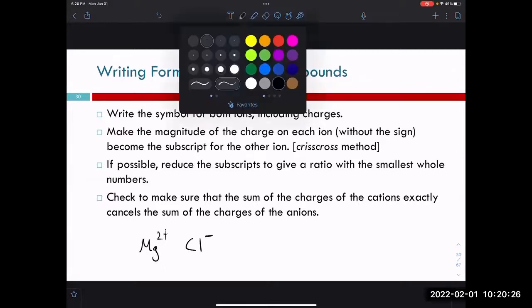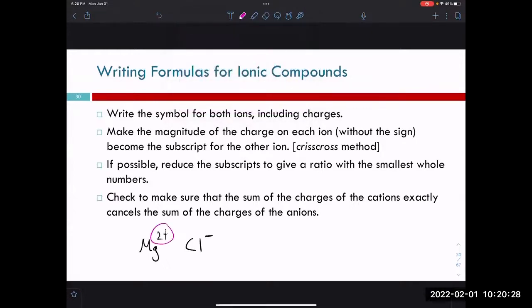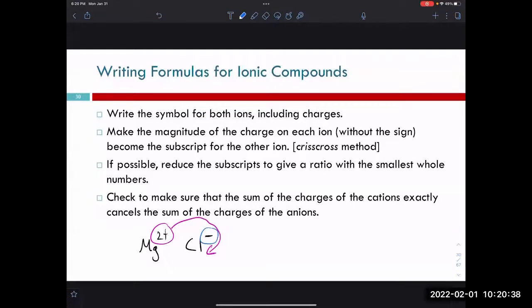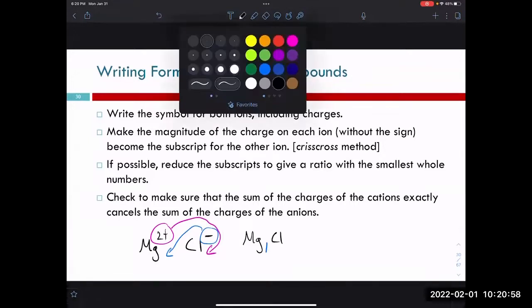So we're going to use what is called the crisscross method. Take just the magnitude and make it the subscript of chlorine. Then we take the magnitude of chlorine's charge and make it the subscript of magnesium. So the subscript of magnesium will be Mg1, Cl2.